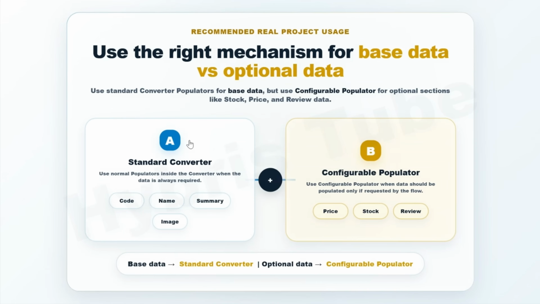So you should use the populators in the standard converter mechanism to populate the base data, for example code, name, summary, and image. But for populating the optional data, for example price, stock, and review data, you should use the configurable populator concept, which can really help in improving the performance of your application, especially when optional population logic is expensive.